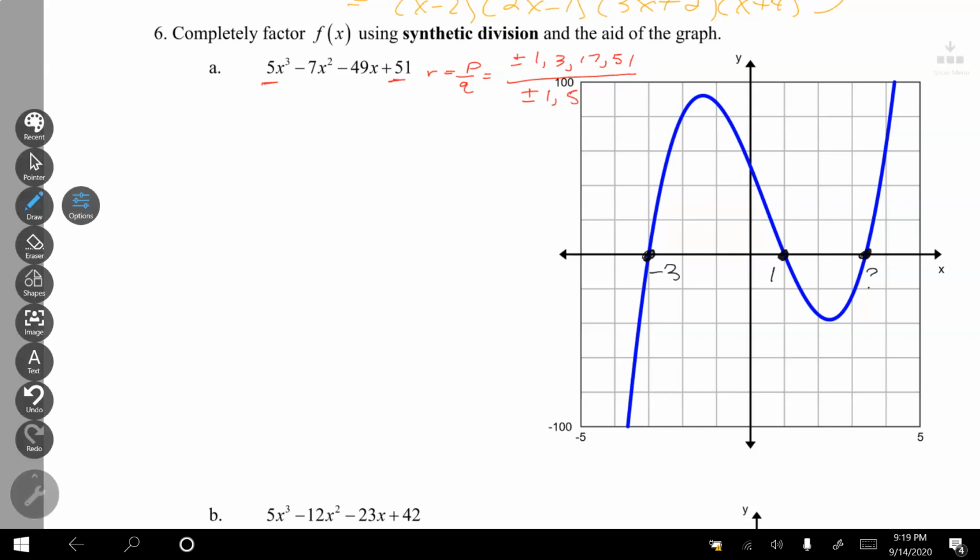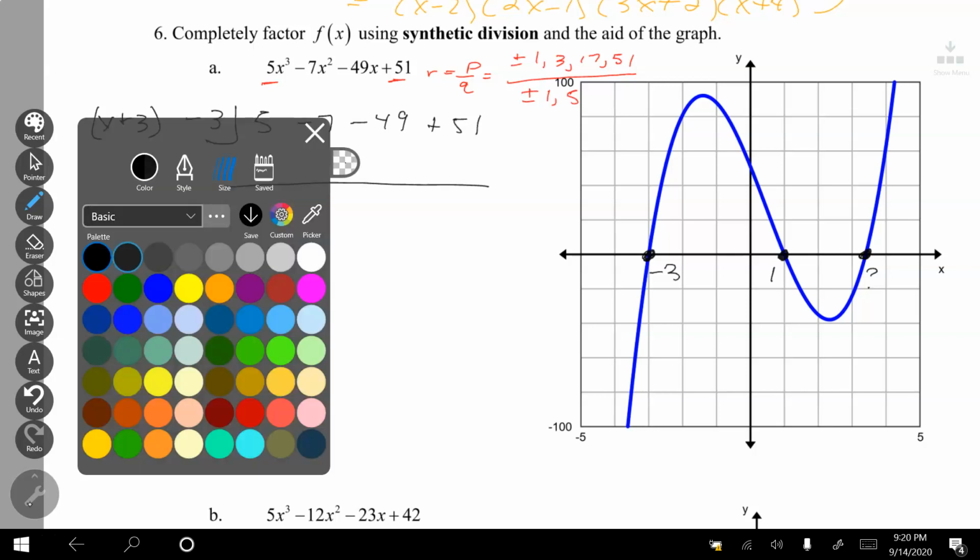Here's the graph of it. And right now, I have x-intercepts, or zeros or roots. So when I see this -3, I put -3 inside the box, and this really means the factor x plus 3, and I'm going to use my coefficients here. Let's see.